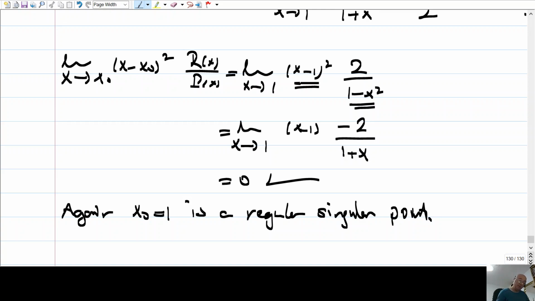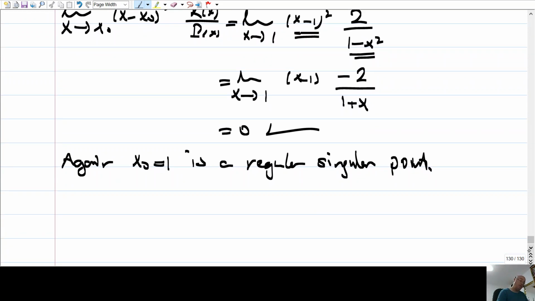All right, so next time we will see the form of the solutions about regular singular points. But before that, we will consider so-called Euler's equations.